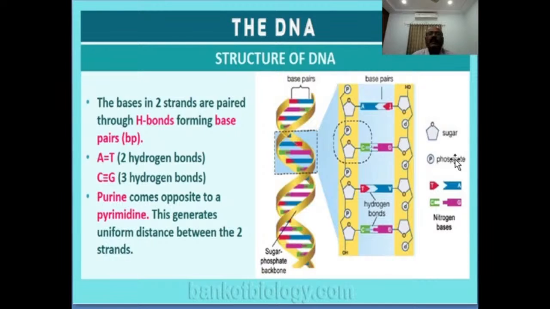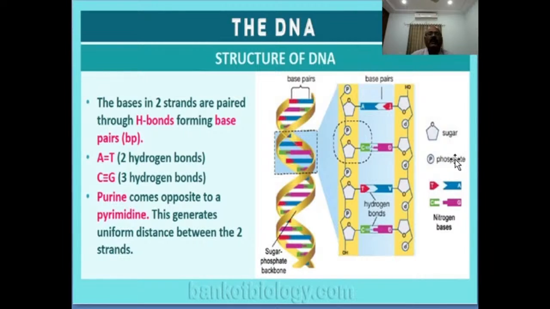In the structure of DNA, the bases in 2 strands are paired through hydrogen bonds, forming base pairs. In between adenine and thymine, 2 hydrogen bonds. In between cytosine and guanine, 3 hydrogen bonds. That means a purine comes opposite to a pyrimidine. This generates uniform distance between the 2 strands.